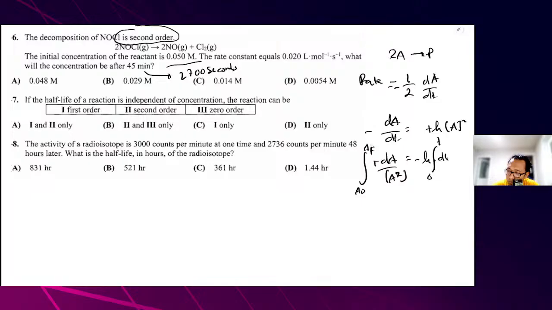This is, you can put in like at, and then using the integration, we can use dx squared, we will get with the integrated rate equation 1 over at minus 1 over a0 equals kt.